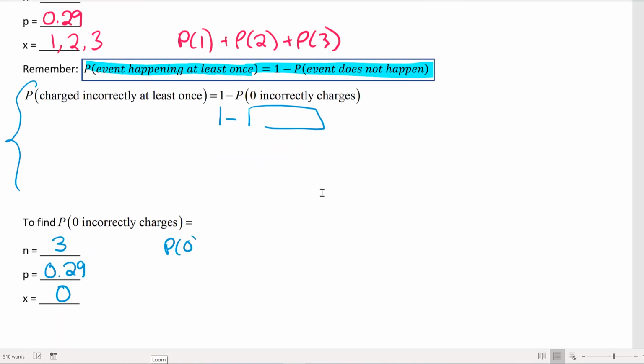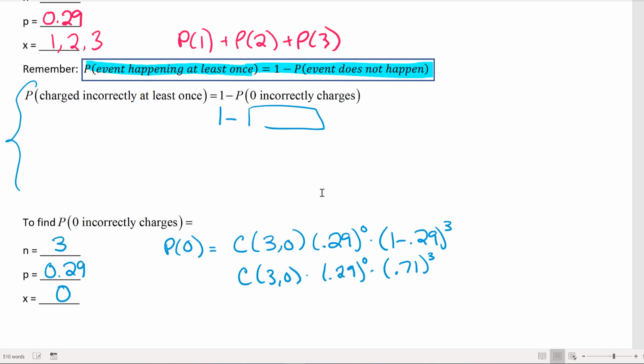So the probability of 0 incorrect charges is going to be the combination of 3 choose 0, times 0.29 to the 0, times 1 minus 0.29 to the 3. So 1 minus 0.29 is going to be 0.71, which is to the 3 here. Okay, so now I'm going to get my calculator out.